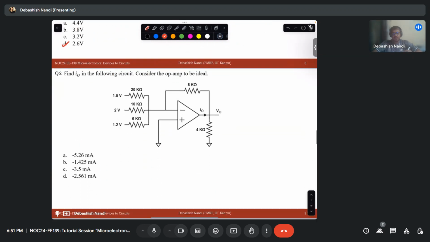So let's move on to the next problem. It is asked to find I0 in the following circuit. Consider the op-amp to be ideal. Okay, so considerations: ideal op-amp, right?